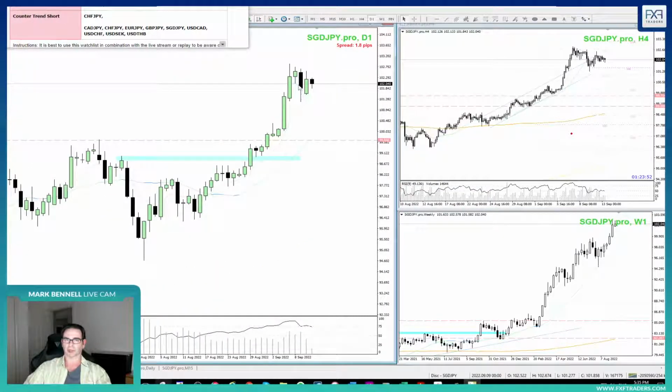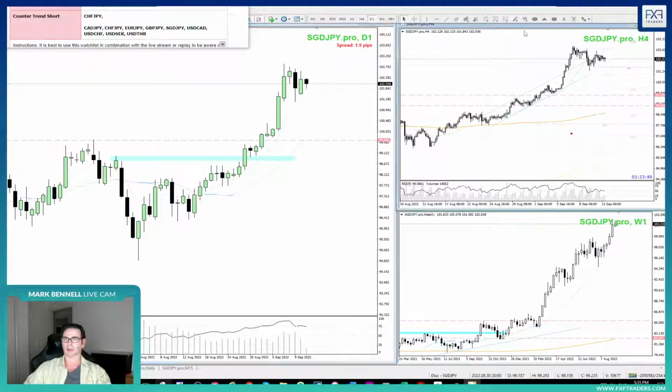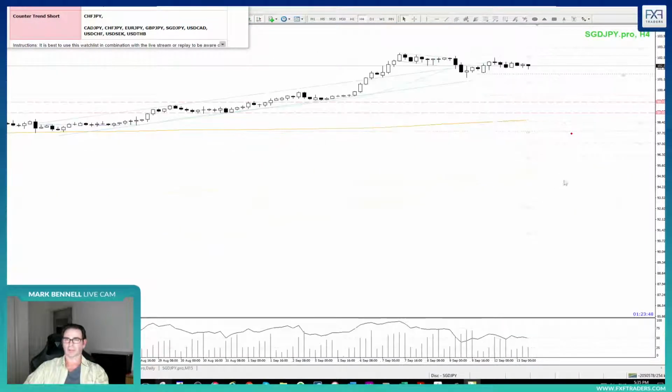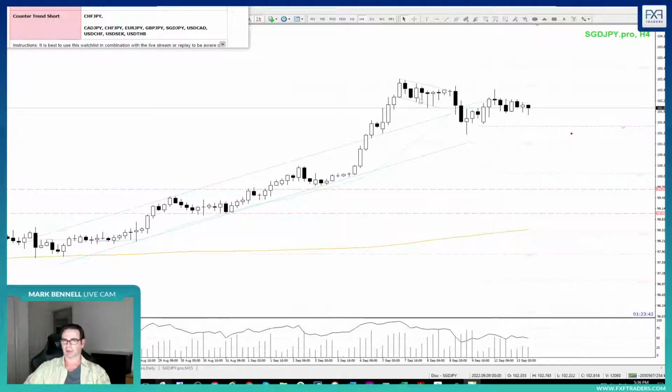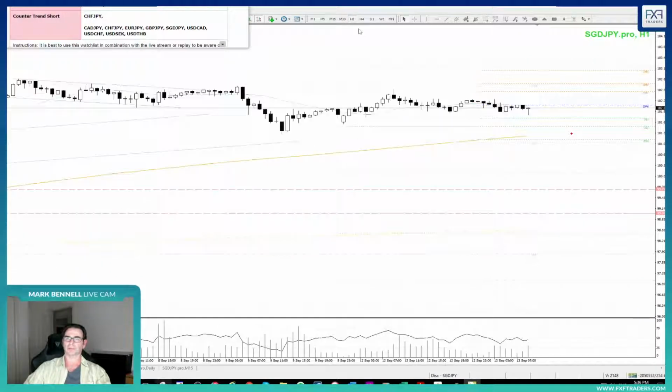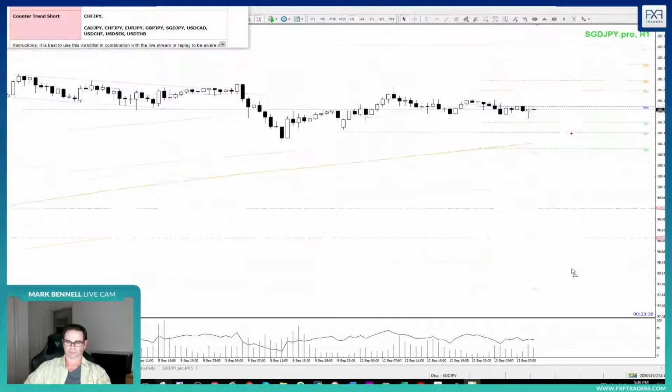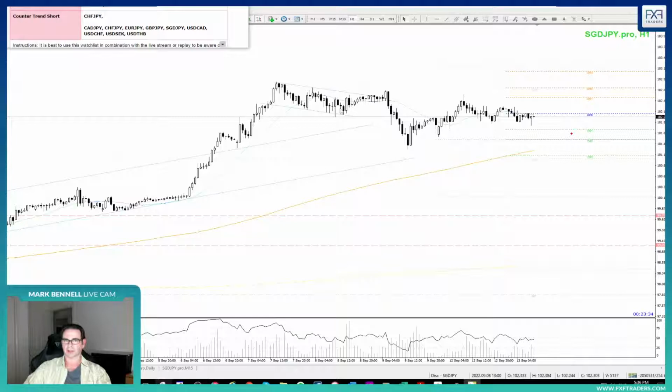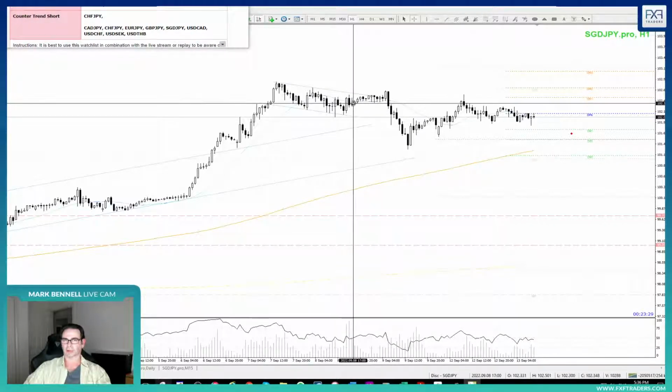Same with the Singapore yen. It did move in and down, but it was giving a flag as well. So that put me off. You notice here, look, the 20 started to roll. We didn't really get anything suitable through there.